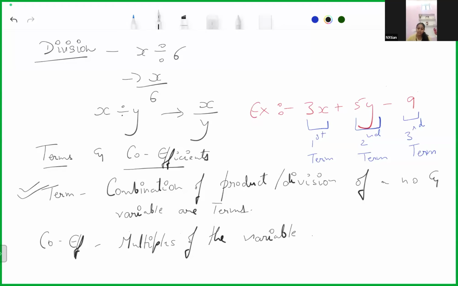Now in this example, what is my coefficient of x? 3 and 5 are my coefficients. 5 is the coefficient of y and 3 is the coefficient of x. Constant, I have one constant, that is 9.